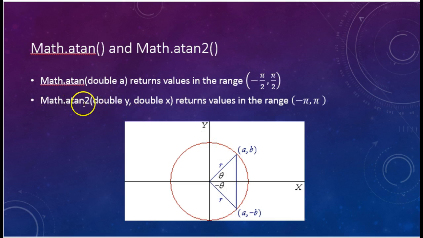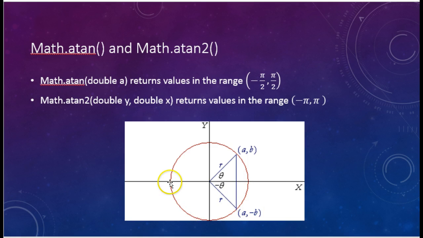But with atan2, since we're giving both the y and the x, so this would be our b and this would be our a, we can tell which quadrant we're in. If we gave a negative b, negative a here, we would know we're down here. So what we would get would be this angle.